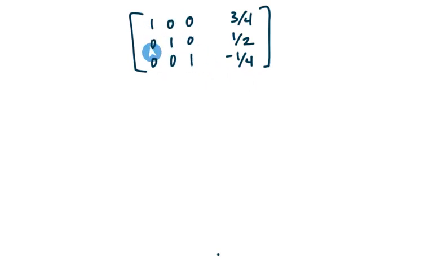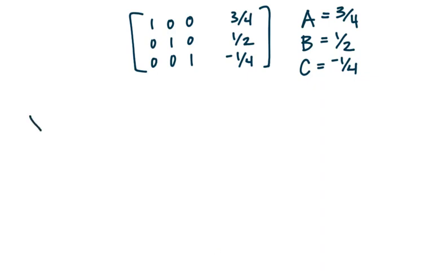In linear algebra, this is called the identity matrix, and that's what we always reduce down to. So at this point, we know that A is 3/4, B is 1/2, and C is -1/4. So now I'm going to go back to what we originally wrote, the very first step.